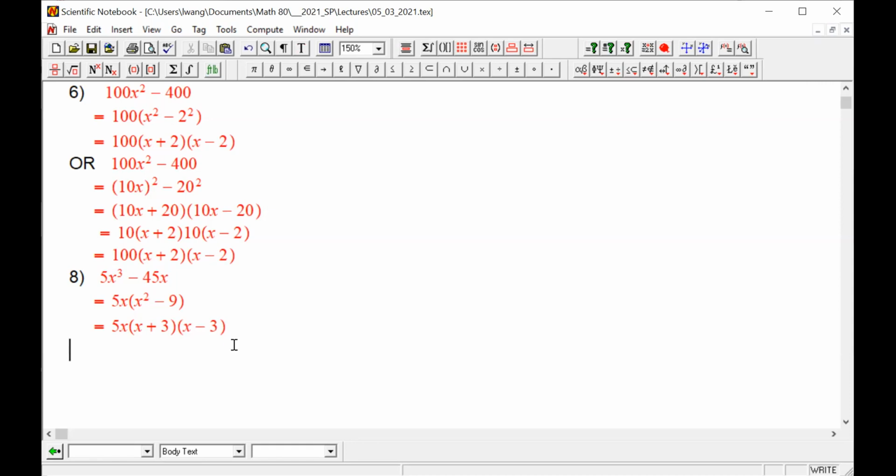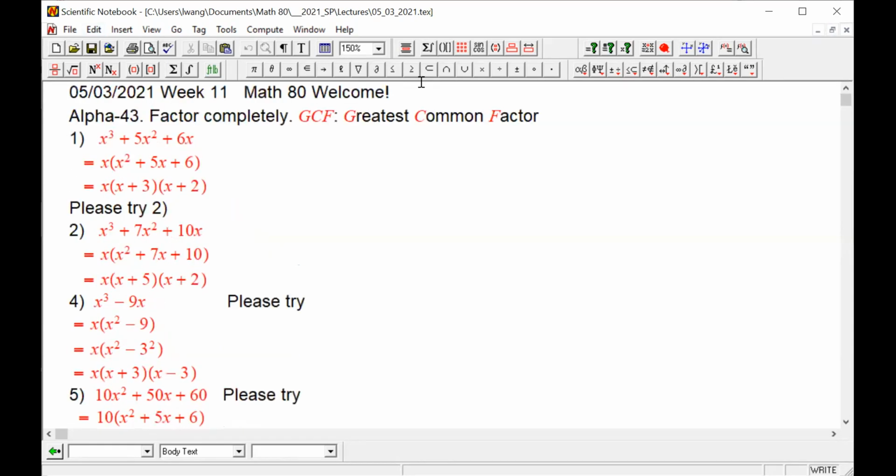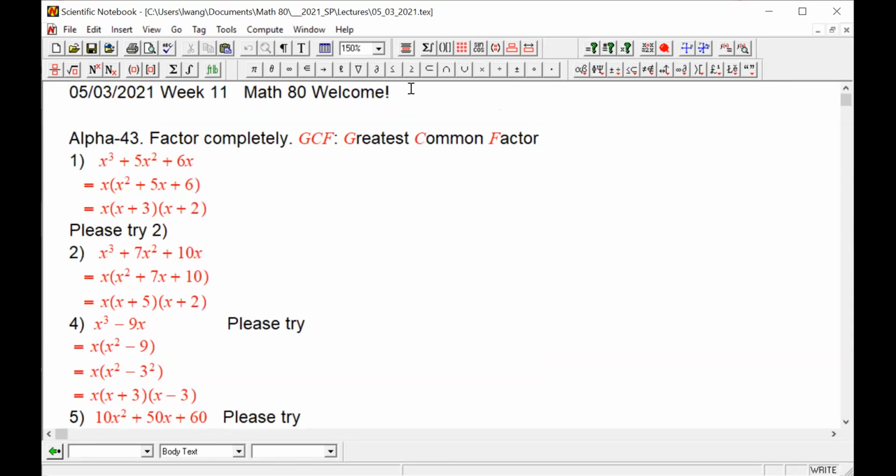Next session today, we're going to work on alpha 44. Alpha 44 is solving for x. It's an if statement.